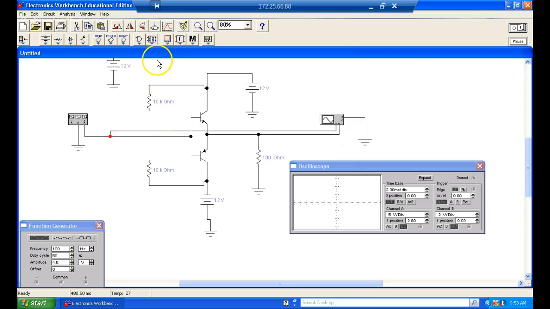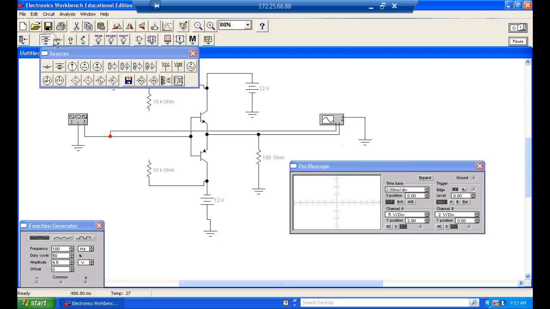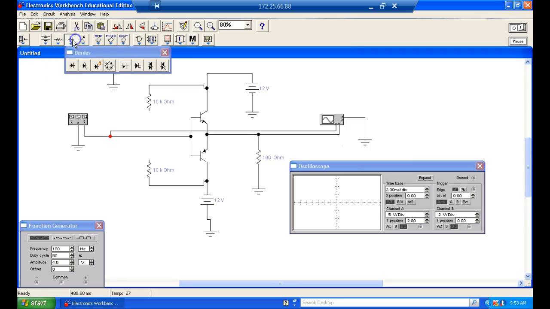So what I'm going to do is come up here and come to here, and I'm going to take a diode. I'm going to have to make this bigger.